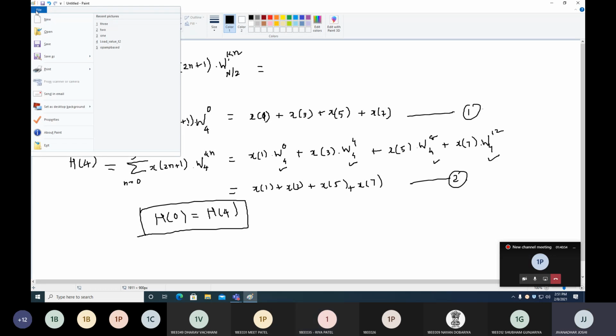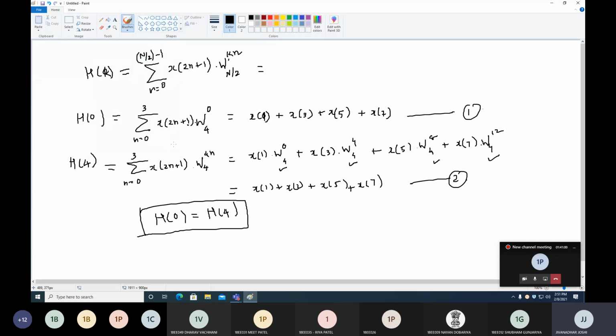No, sir. Because we have only two stages. But if the butterfly were asked for a 16-point sequence or 32-point sequence, then you would have more stages, and similar more terms will exist, and you need to prove for them also if the question is asked for more marks, right?